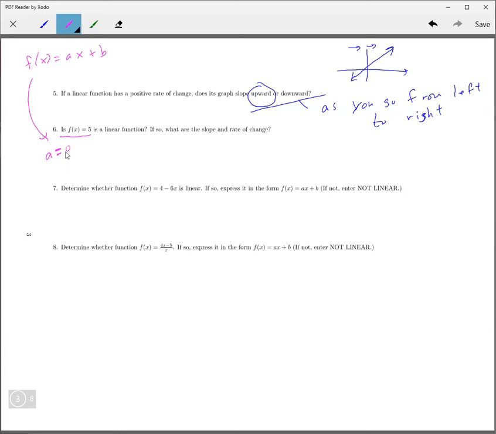So a is 0 and b is 5. The answer is yes, because if you take a to be 0 and b to be 5, then it fits the model. The slope is going to be 0, and the rate of change, which is the same thing, is also going to be 0.